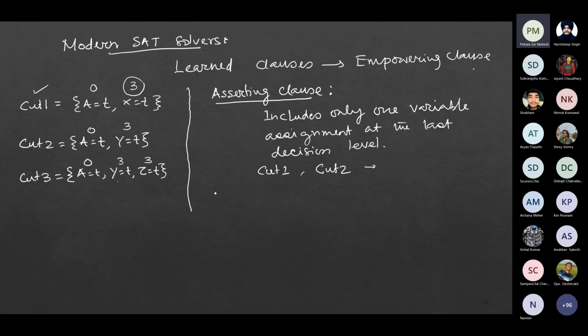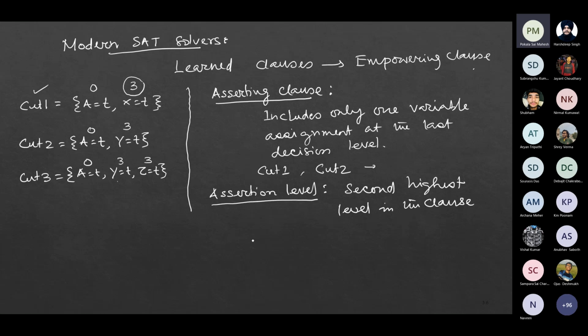Now, at which level will we be backtracking? That is another question, right? For that, we define what we call the assertion level. The assertion level is the second highest level in the clause.